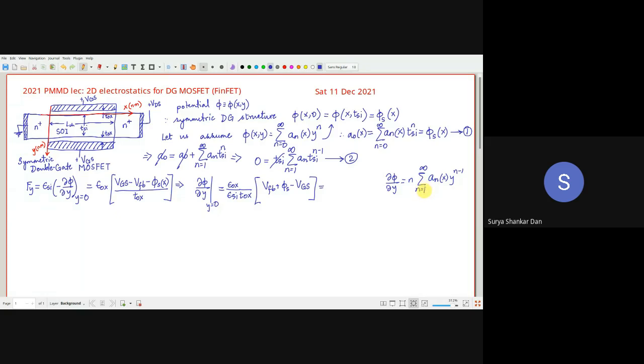Okay, so this is what I shall put here. So this will be equal to, or rather I'll put del phi del y at y equal to 0 will be equal to how much? When n is equal to 1, a1, this is n is 1, a1 y to the power of 0. Okay? So it is independent of the y term and the rest of the terms are all cancelled out because of y equal to 0. So you are left with only a1.